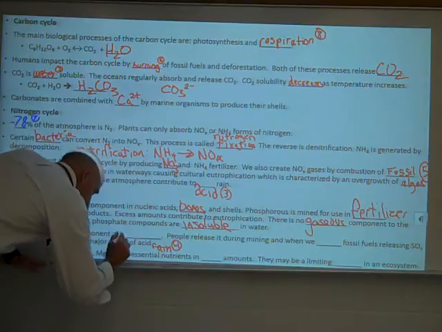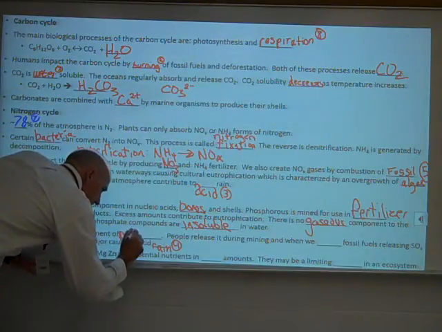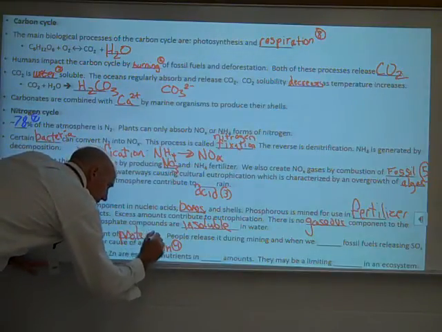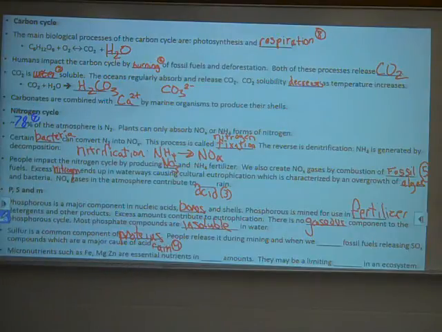All right, sulfur. We find sulfur in proteins, like the kind of proteins you find in beans. How do you know that? What are beans good for? Your heart, right? What do they make? Yeah, particularly stinky gas.